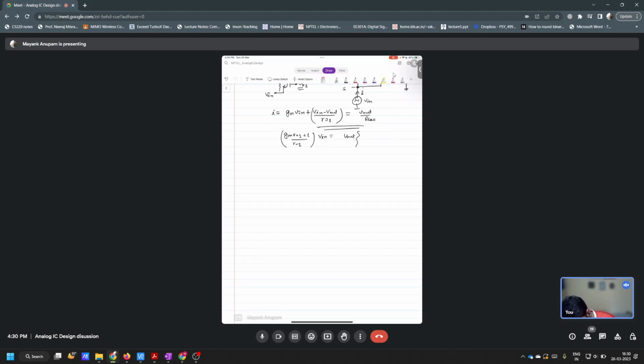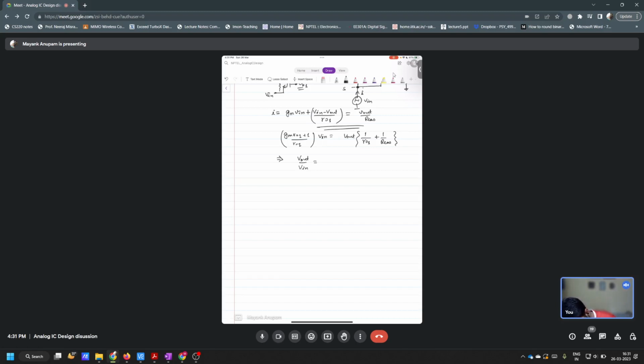Okay, so this will be 1 by RO1 plus 1 by R cascode, correct? Is it fine? Yes, sir. So V out by V in will be equal to how much?